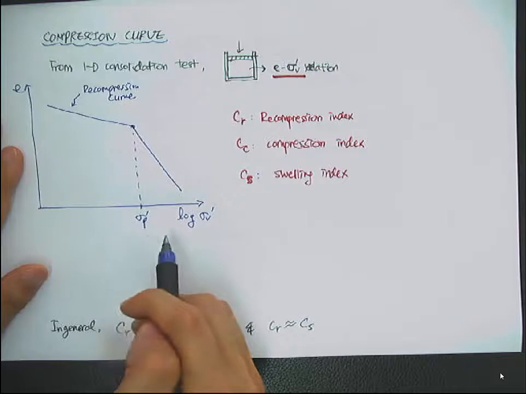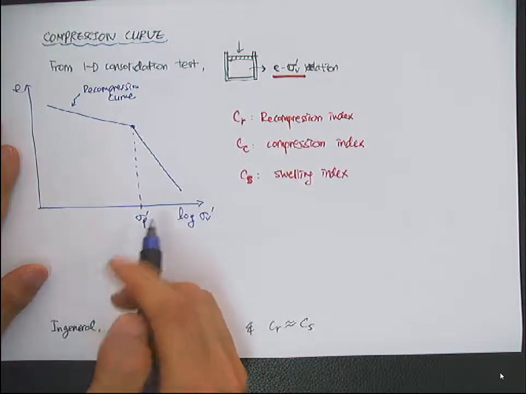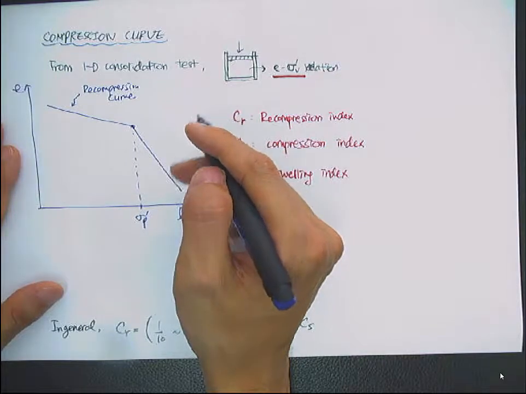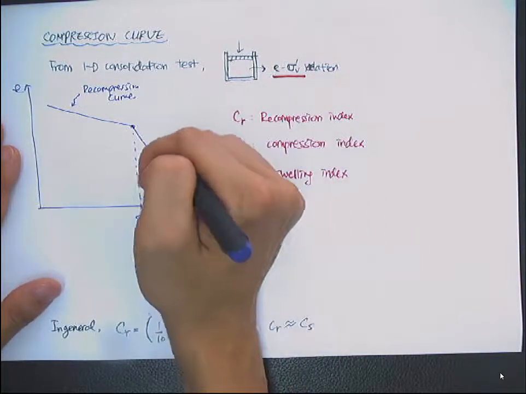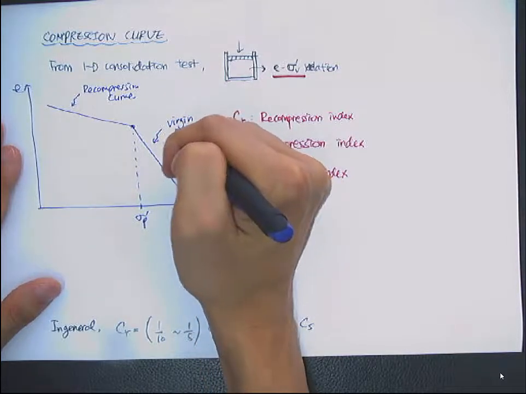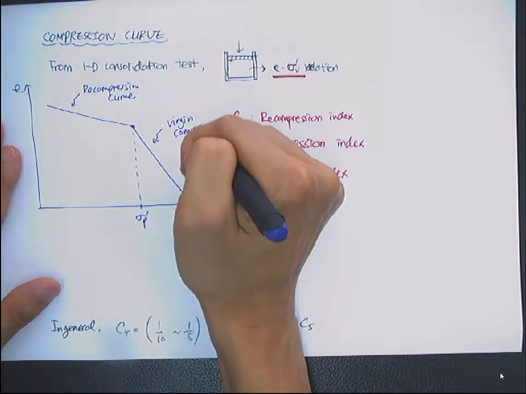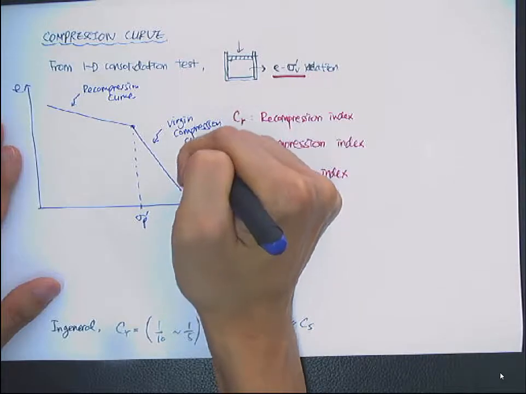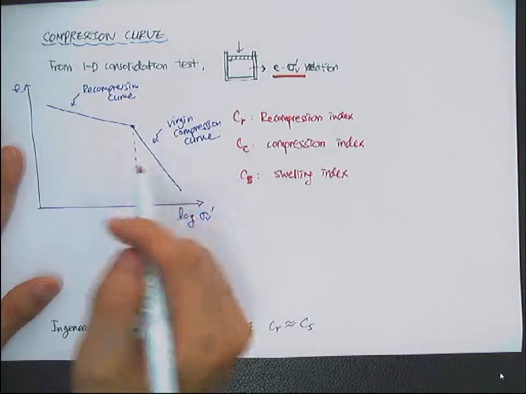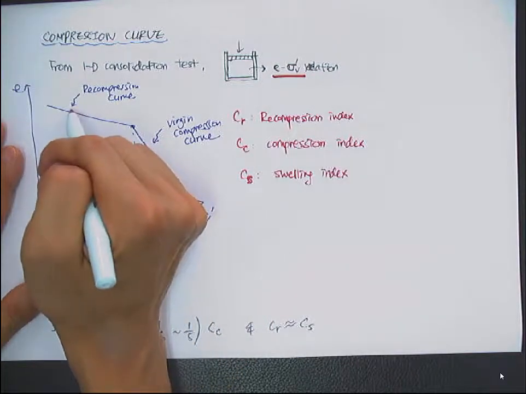And when the vertical effective stress applied is larger than sigma p prime, the maximum vertical effective stress in the past, then it's called a virgin compression curve. And the slope of this curve is the compressibility.